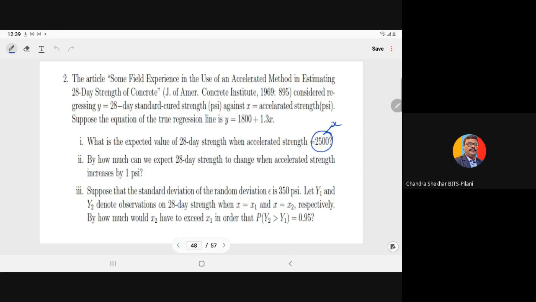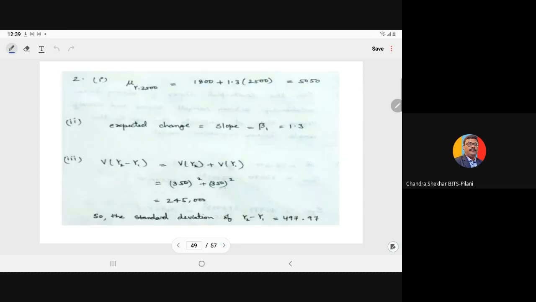Then in part 2, by how much can we expect 28-day strength to change when accelerated strength increases by 1 psi? When we have only the change in x, the change in y will be beta 1. Whatever this beta 1 is, that will be the expected change in y, which is the slope.